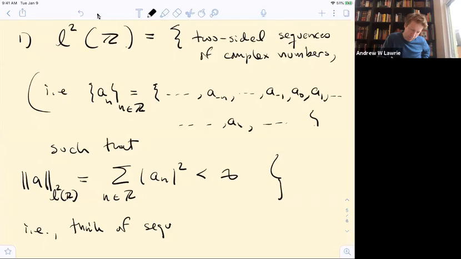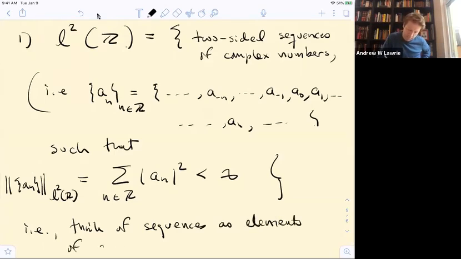Actually, let me write this. The norm of a sequence in L2 of Z is given by just square summing the sequence. Think of sequences as a vector space.